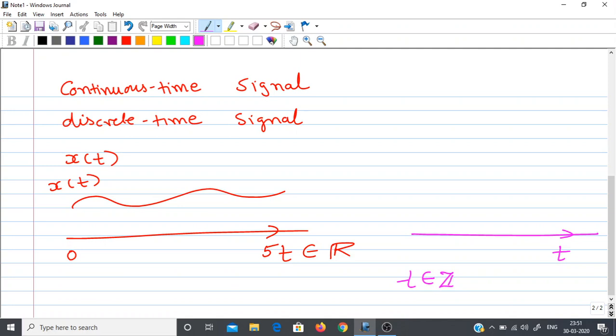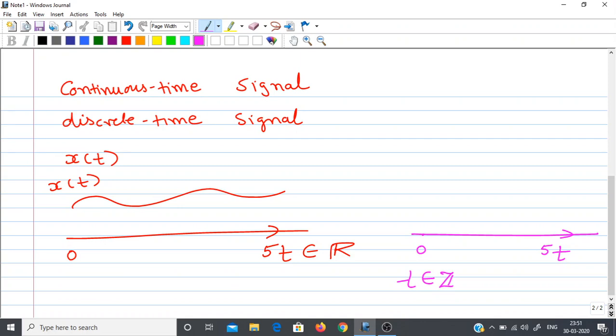And if again I define some signal between 0 and 5, then at what time instances would my signal be defined? My signal would be defined only at integer time instances, that is at 0, 1, 2, 3, 4, and 5. If somebody asks, what is the value of my signal at 0.5 or 1.2? The answer would be, it is not defined. It won't be 0. There is a difference between not defined and 0.